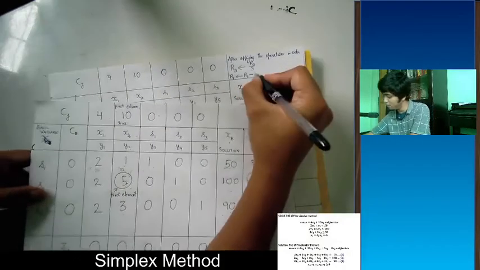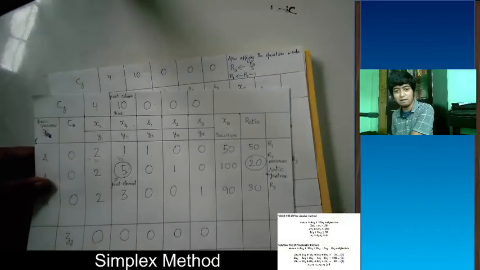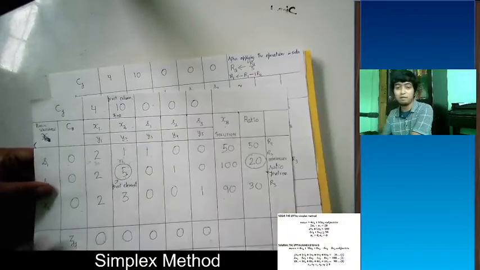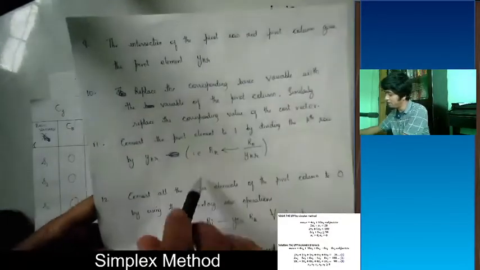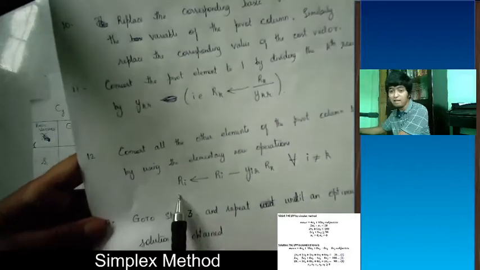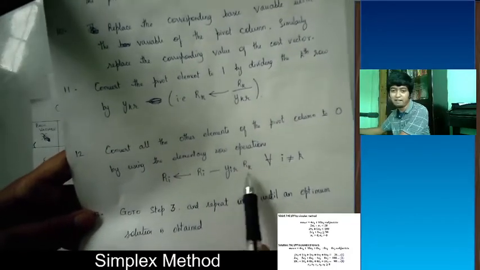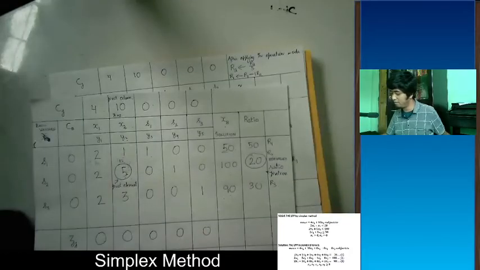So minus 1 R2. This is what I've written over here: Ri minus something times Rk. This is now step number 12.